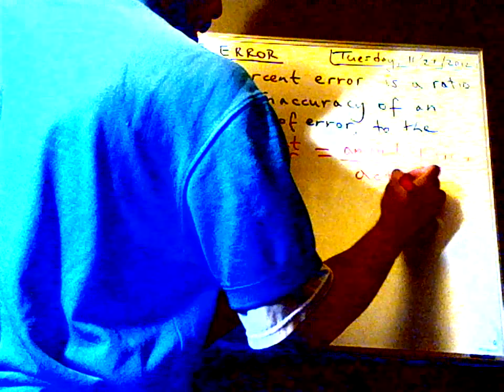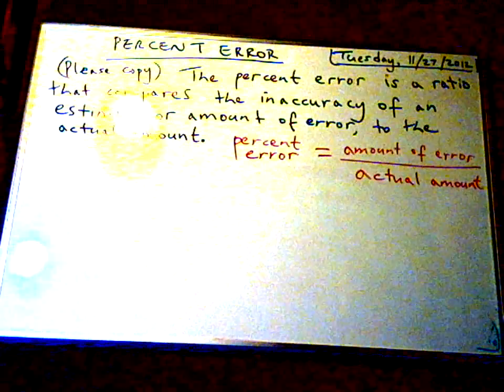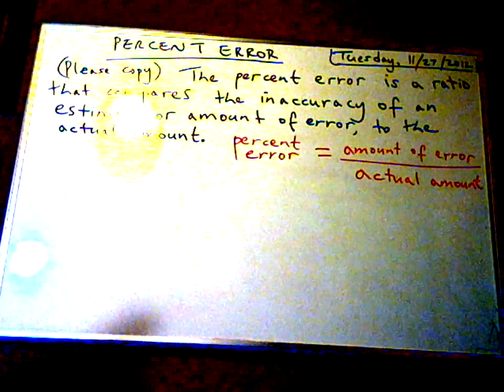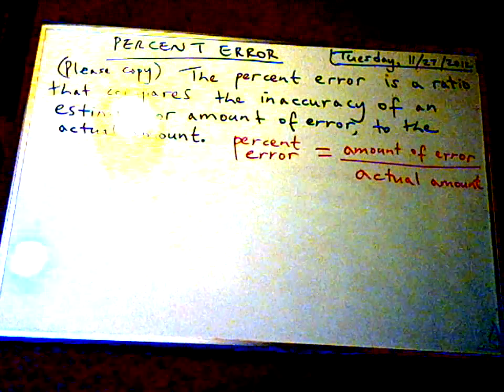So the actual amount is what the actual thing values or weighs or whatever else according to the context of the problem. Okay, so please make sure you copy that.